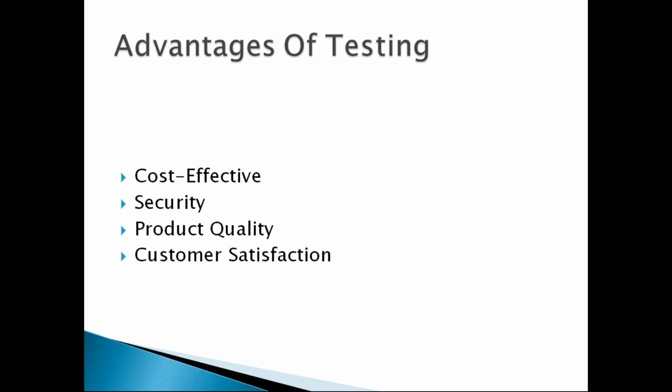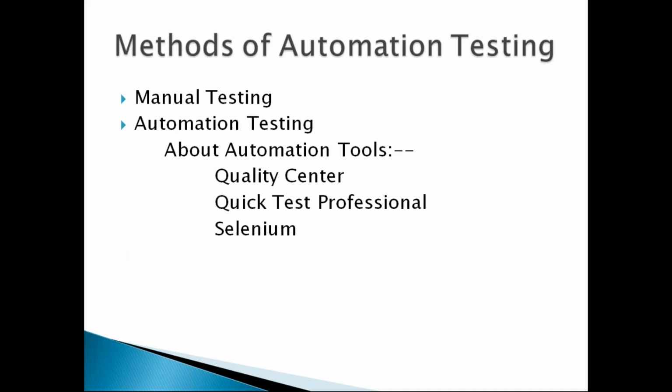Now let us move on to the methods of software testing. As we already discussed, we are going to cover manual and automation testing. In manual testing, we are going to learn how to test software manually. This requires a tester to play the role of an end user, whereby they use most of the application's features to ensure the correct behavior of an application.